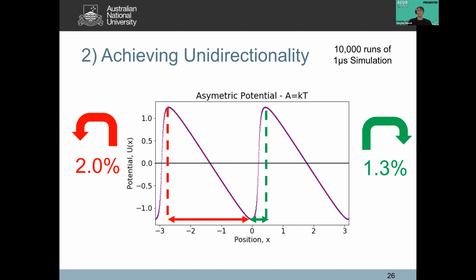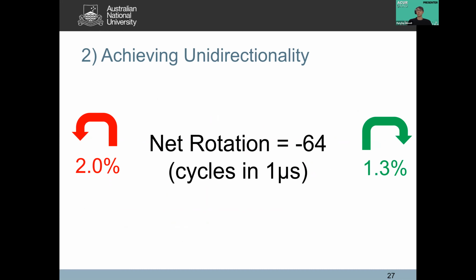And so we're starting to see some directed motion. We're starting to see the minor ring move anti-clockwise more often than it's moving clockwise. And we were able to achieve a net rotation by introducing this asymmetric secondary force.